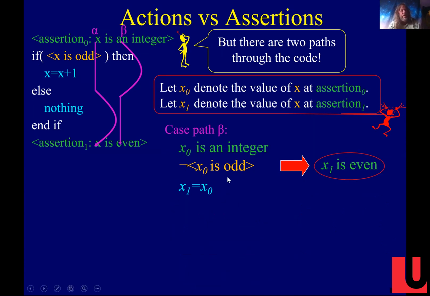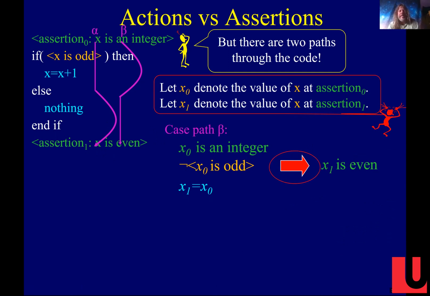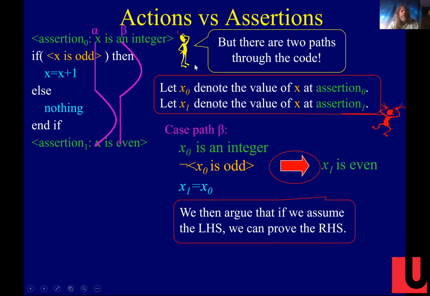Under those assumptions, we need to prove that when we get to the bottom, the assertion is true. So again, how do we prove that? Well, we assume that everything on the left is true, and then we prove that the right is true.